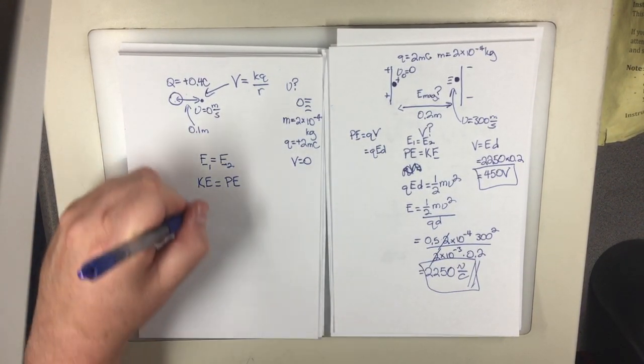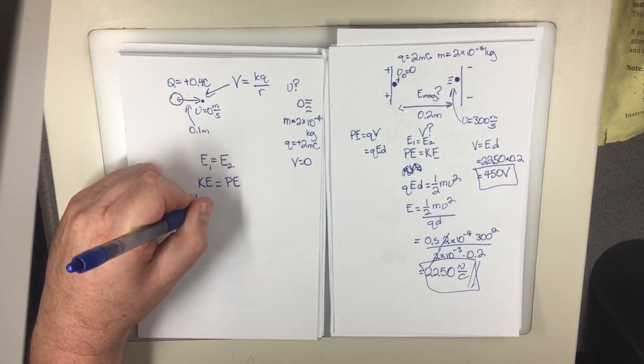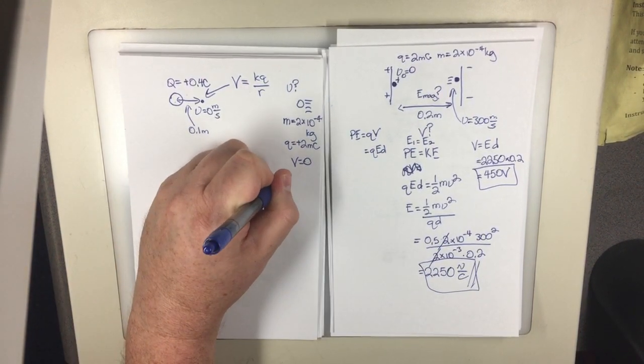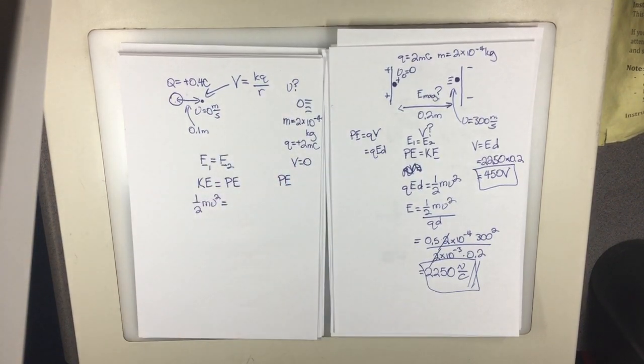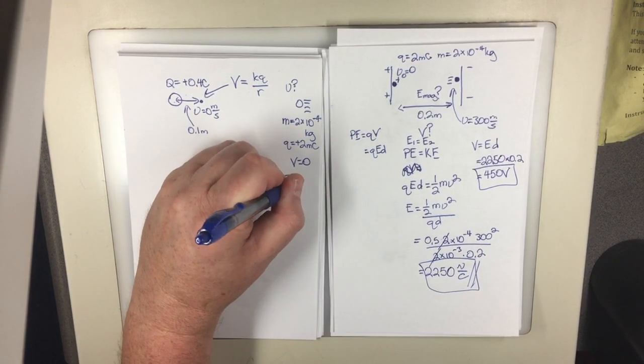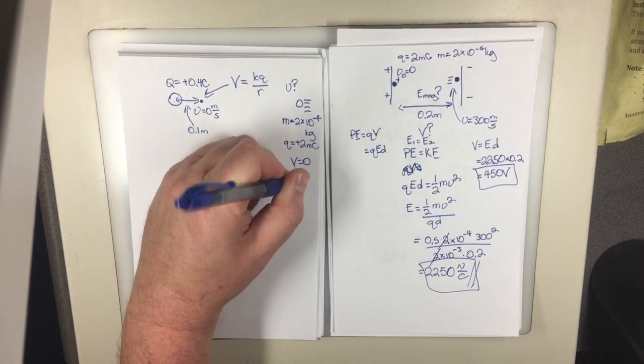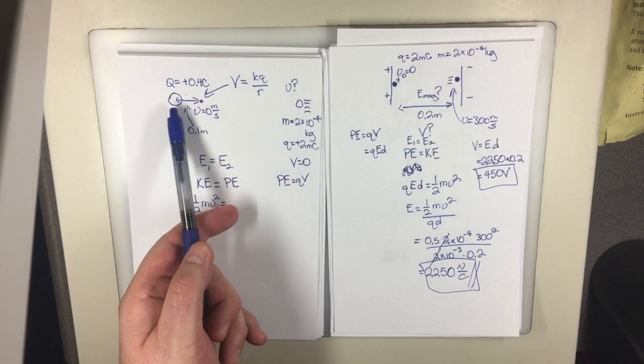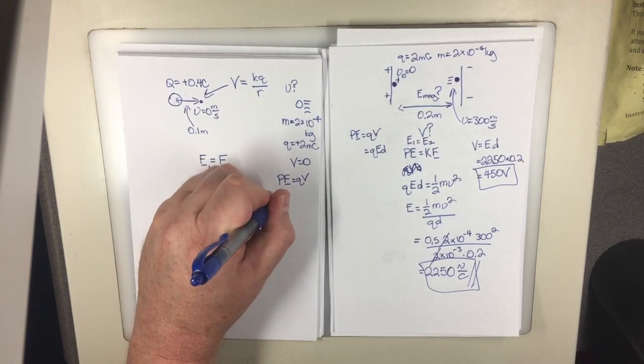The kinetic energy is 1/2 mv squared. Since I don't want to confuse big V potential difference with little v, what I'm going to do over here is write potential energy as Q big V. Now that big V is the potential due to that big charge over here.